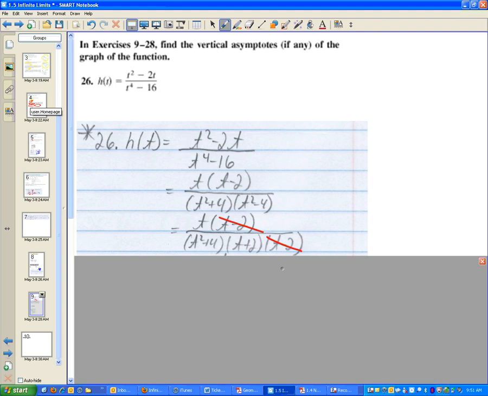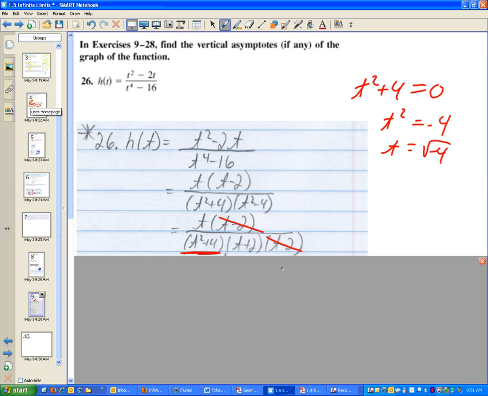Now, are there any t coordinates that will still make this denominator equal 0? Negative 2. Anything besides negative 2? No. This first parentheses can never equal 0 because we're just dealing with real numbers. If you tried it, t squared equals negative 4, t equals the square root of negative 4.